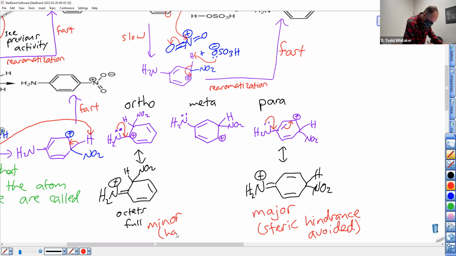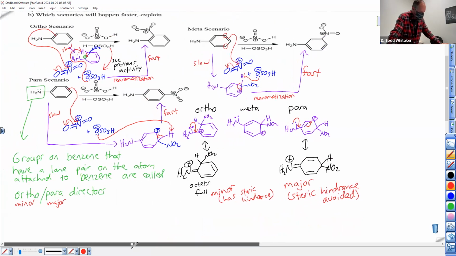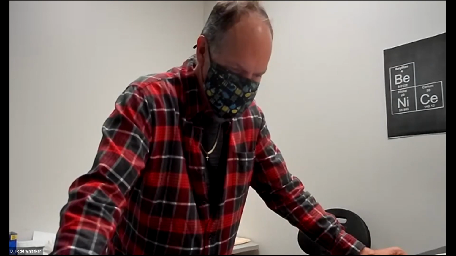Minor has steric hindrance. When I say steric hindrance, we're talking about the approach of the NO2 group in the first step. Okay? Yes, hindrance is ugly looking here, but it's the same word over there, so we're okay. And that's that. Next activity, we're going to switch NH2 to a different group.